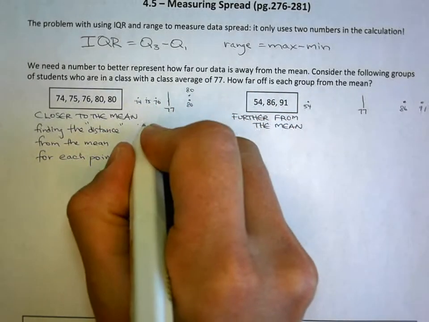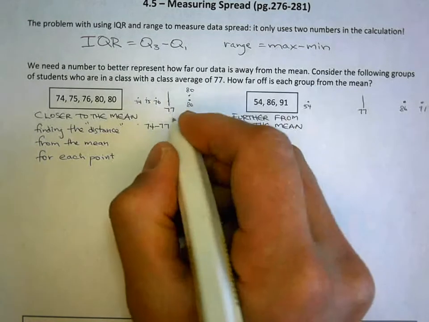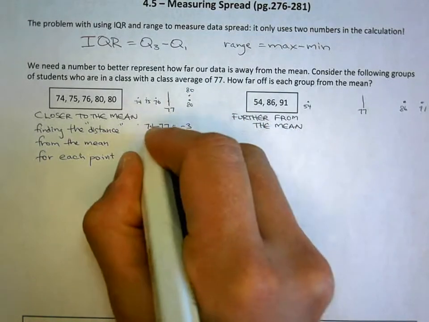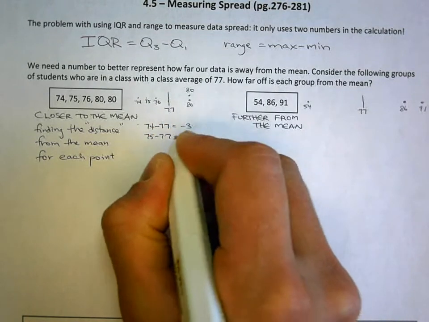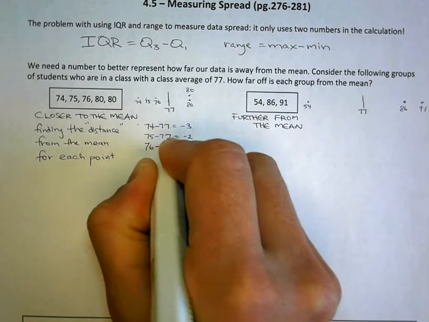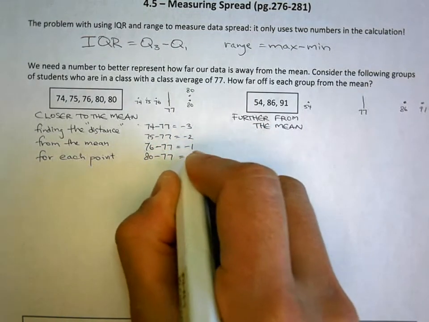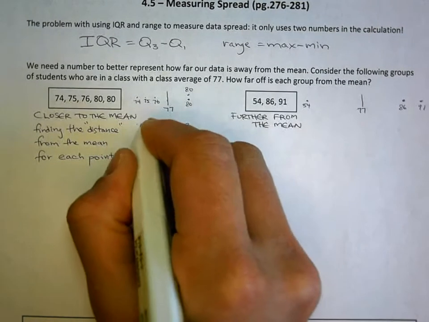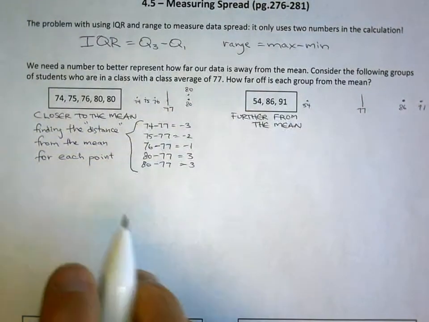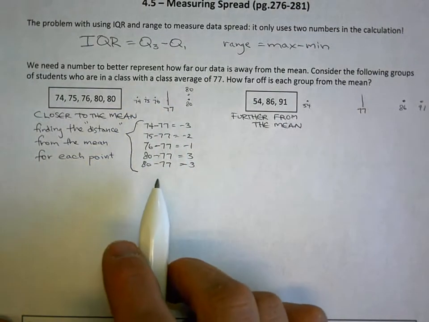So for example, 74, well, 74 take away 77, that is -3 away. 75 take away 77, that's -2 away. 76 take away 77, that's -1 away. 80 subtract 77 is +3, and we do it twice, right? So that's what we were doing there. We were calculating the quote-unquote distance from the mean to each of these points.